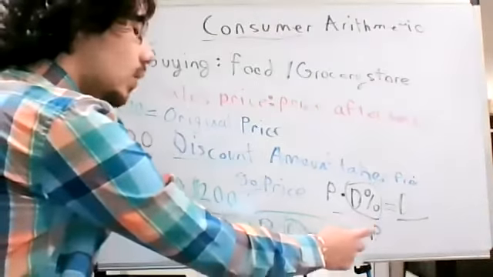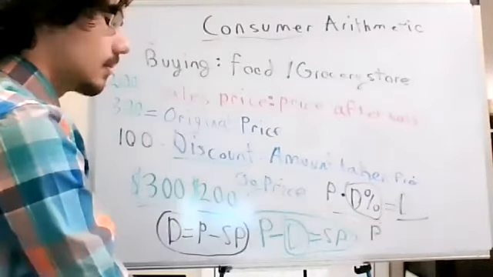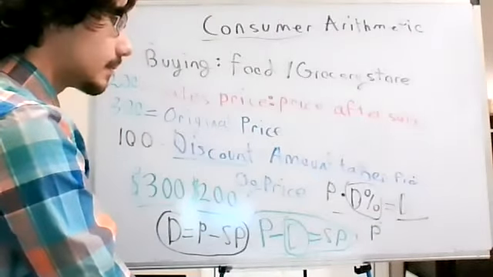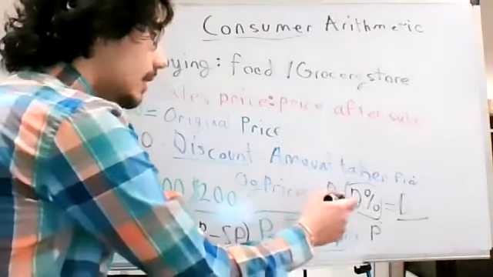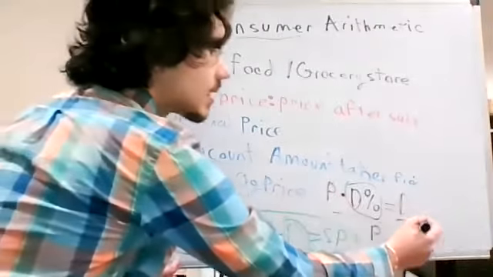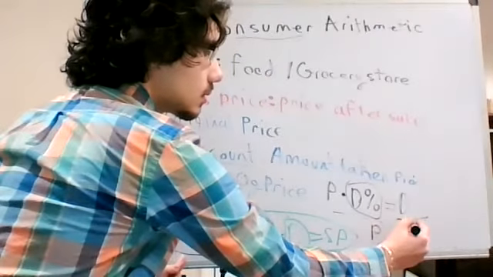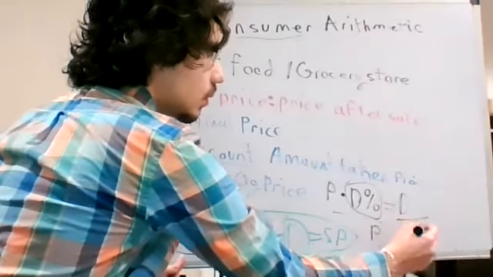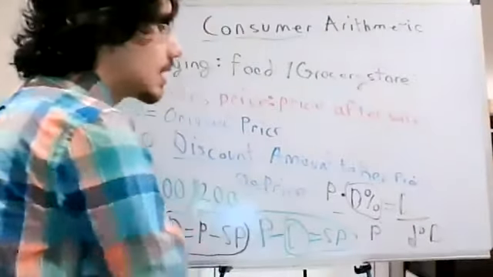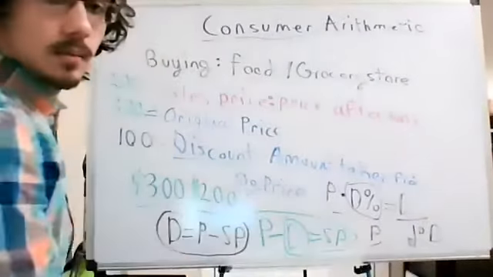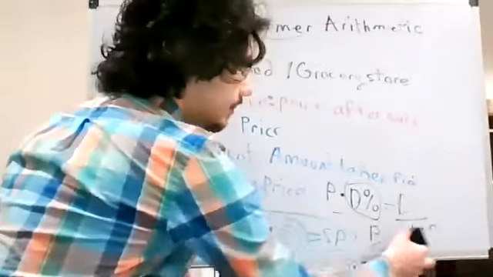What did we say? What did you say that we have to do to this side to get rid of the price? Sir, we have to divide the discount with the price. Very good. That's what we did this side. So that means to this side we divide by the discount. Is that what we did to this side? No, sir. The price. Very good.